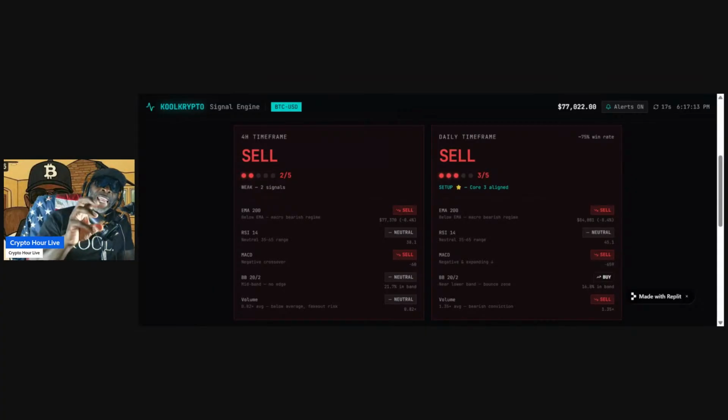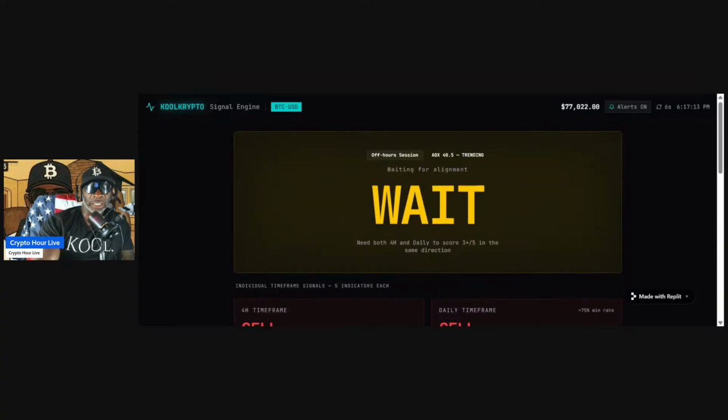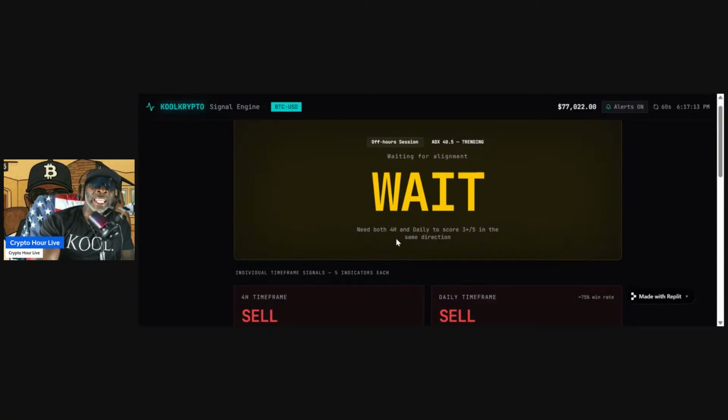Then I said show me when the 4 hour time frame matches the daily time frame. That's what this is right here. This says waiting for alignment. It needs the 4 hour and the daily time frame to have 3 out of 5 indicators flash the same.